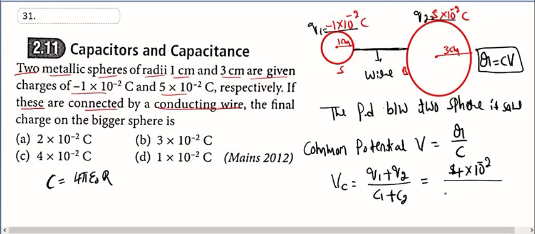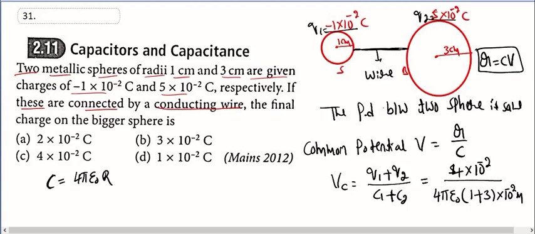So 4 pi epsilon naught is common. Radius R1 and R2 are in centimeters, so in meters that is 1 plus 3 into 10 to the power of minus 2.